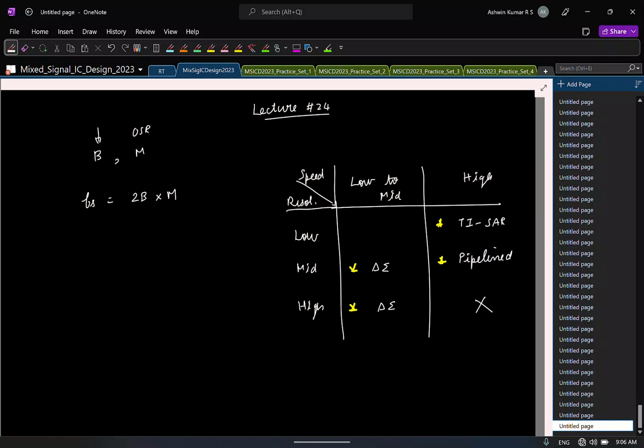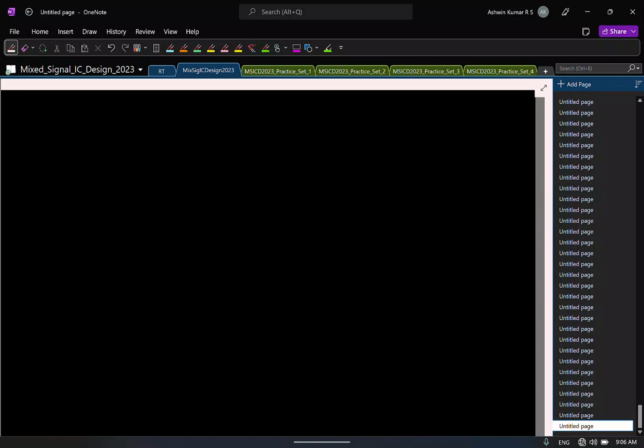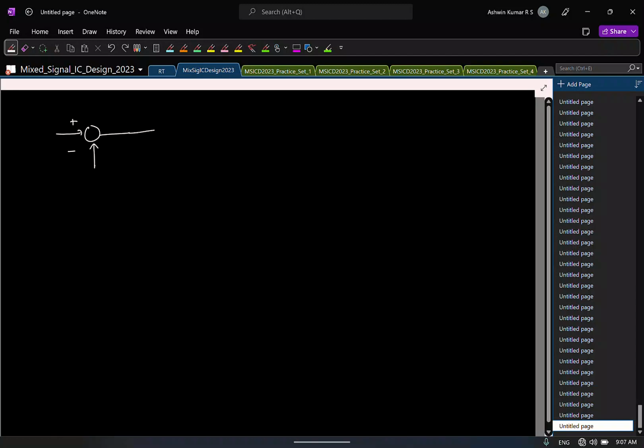Cool. Now I wanted to discuss another aspect of delta sigma. Our delta sigma as of now looks like this. We have the loop filter here, a discrete time loop filter. Let's say here is where the quantization noise q of n is added, and we close the loop.